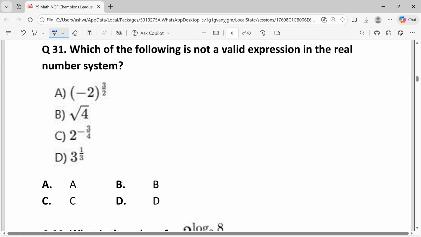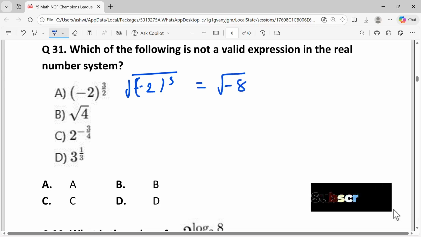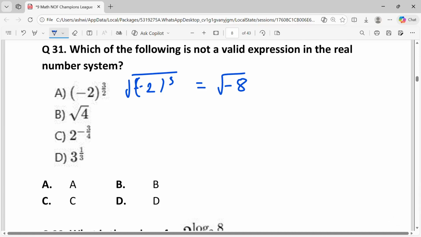Question 31. Which of the following is not a valid expression in the real number system? A, minus 2 to the power 3 by 2 is equivalent to root of minus 2 to the power 3, which is equal to root minus 8. The square root of a negative number is not a real number. B, root 4, which is equal to 2.